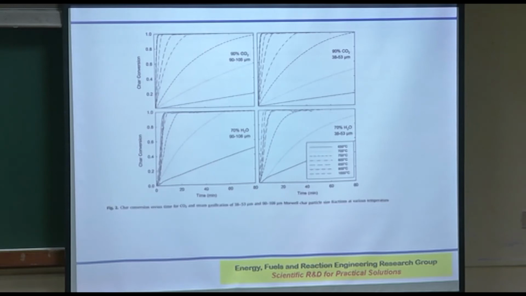Now, it was taken to 700 and then kept at 700, or it was taken to 850 and kept at 850, and then you have kept it for a long time. How long?